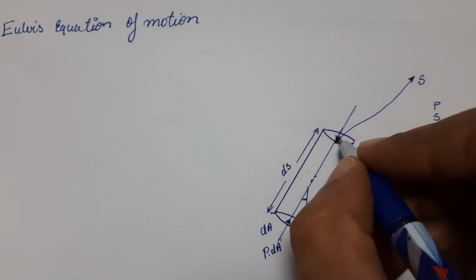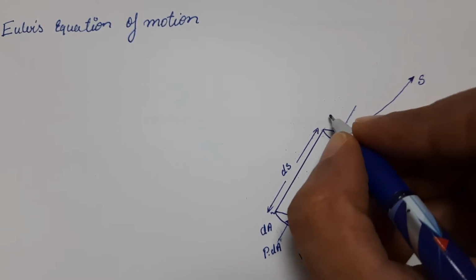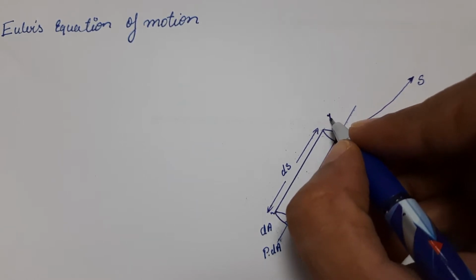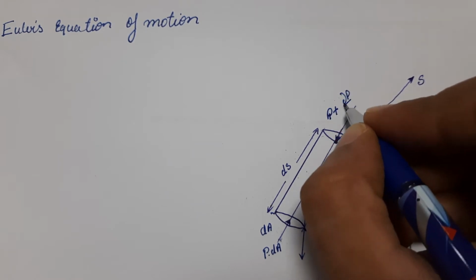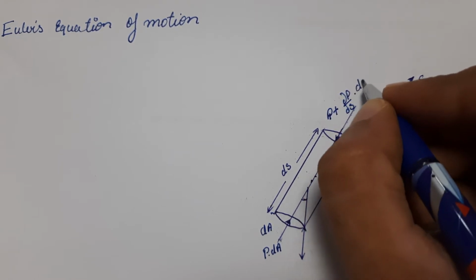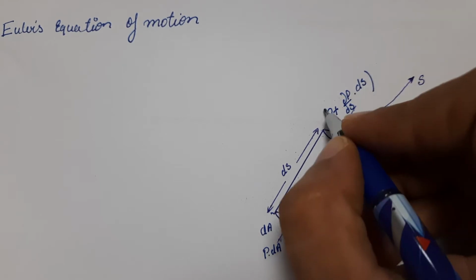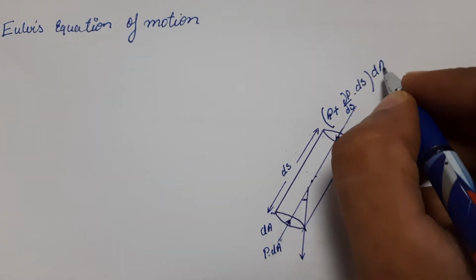Now there is one more pressure force acting in the opposite direction, which will be P plus dou P by dou S into ds, the whole thing into dA.